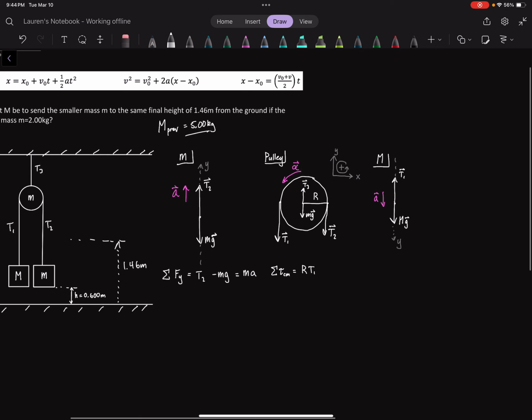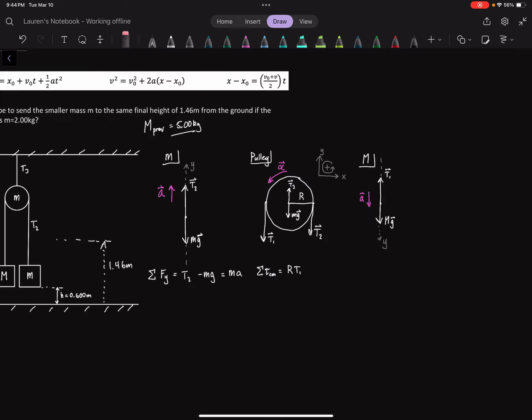For pulleys, this is R cross F, so it's always going to act at that 90-degree angle. So sine of the angle between R and T is 90, and sine of 90 is 1, so it just simplifies to RT, which is really nice for pulleys, minus RT2 for the torque counteracting that, and that's going to be equal to I alpha.